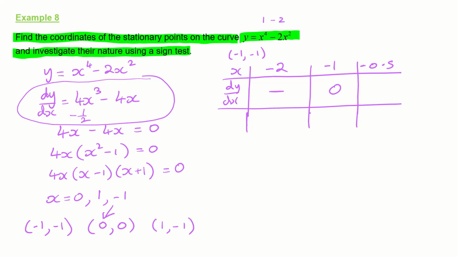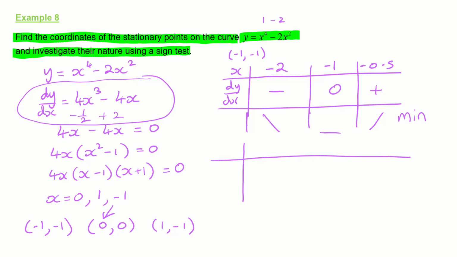It's going to be 4 times negative 0.5 cubed, which is negative an eighth. And then that will be plus 2. So that is actually going to be positive. So down, across, up, that one is a minimum.